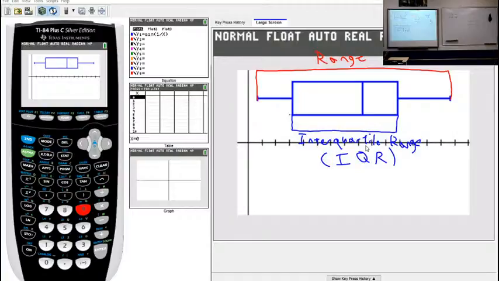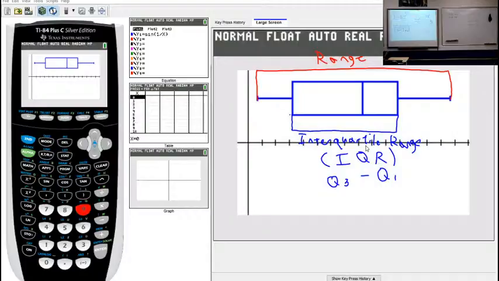This is in the next slide, by the way, or it should be, hopefully. But this is just to visually show you the difference. And this is the measurement of spread that we're going to get from a box plot. It's quartile 3 minus quartile 1. And visually in the box plot, it's going to be how wide is the box.